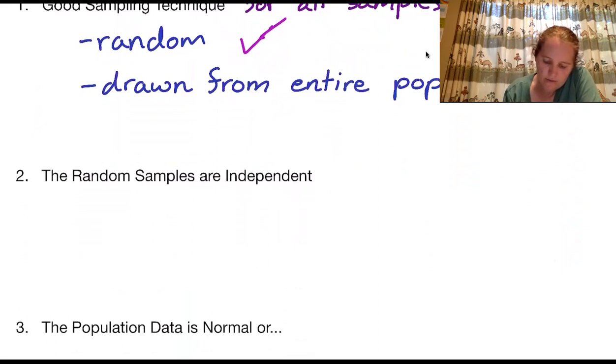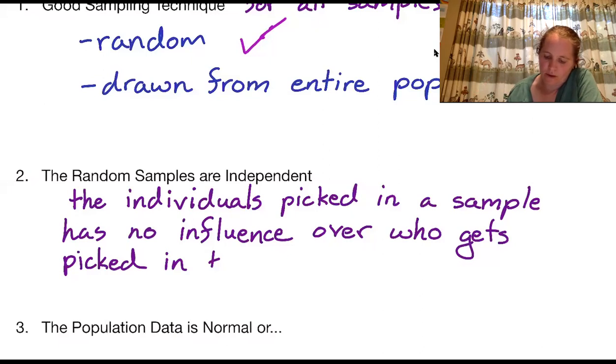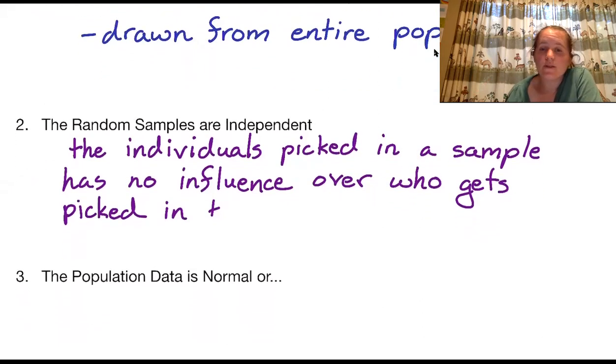So the individuals picked in a sample have no influence over who gets picked in the other samples.